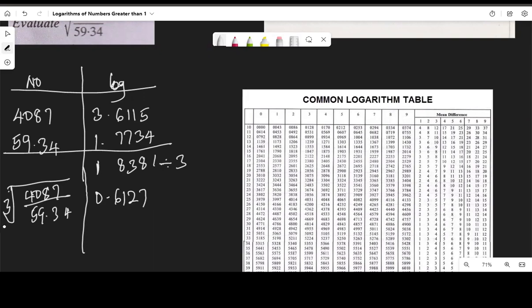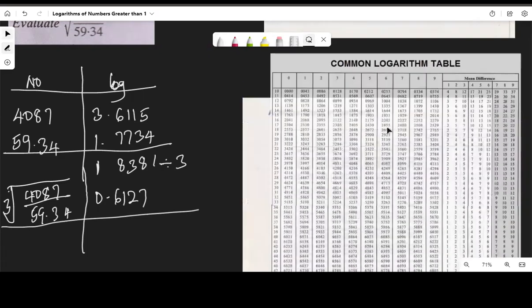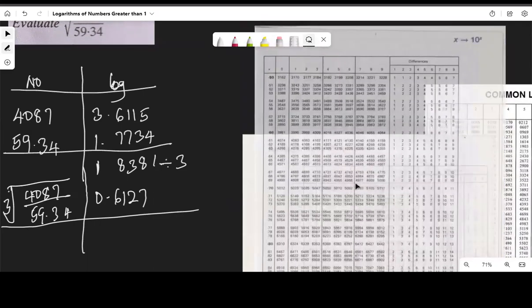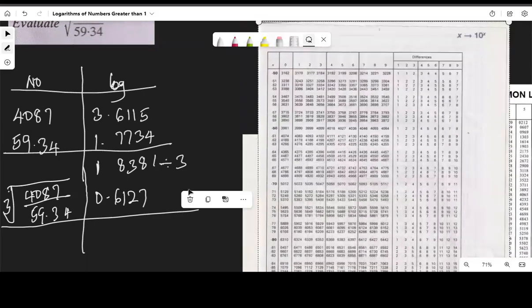So we have to look for antilog of 61 under 2, difference of 7. This is covering the antilog table also. 61 under 2, that is 4093.